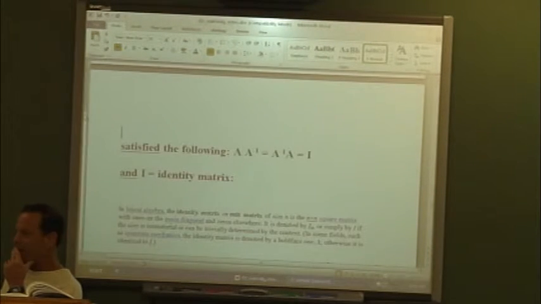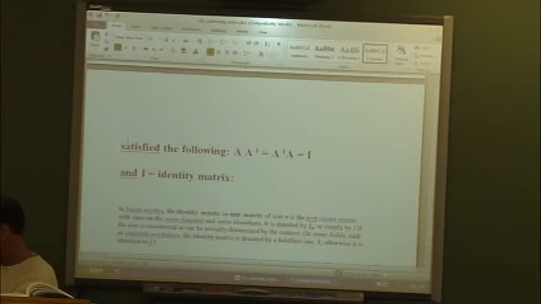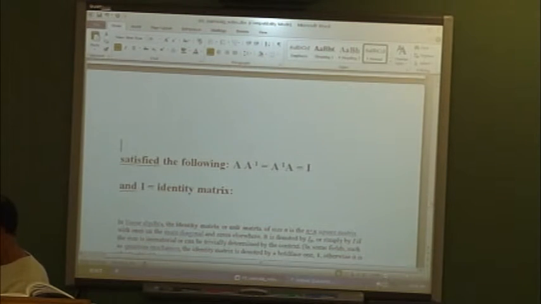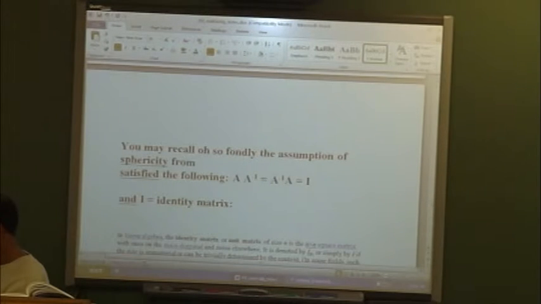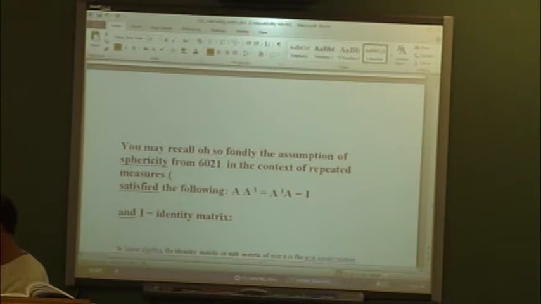You may or may not remember this. You may recall, oh so fondly, the assumption of sphericity from 6021 in the context of what type of analysis? Repeated measures, t greater than 2, right?